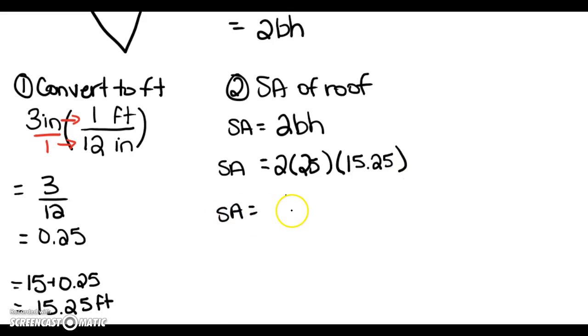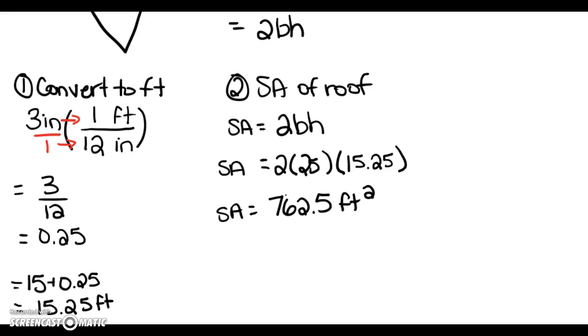If you put that into your calculator, you should find that the surface area of that roof is 762.5 feet squared. So don't forget your units. Here we're working with feet, and the units for area and surface area are the units squared.